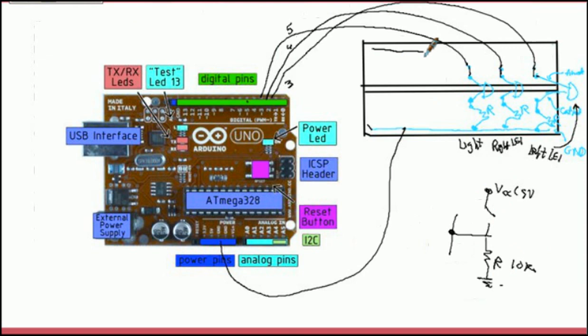So we need the 5 volt line on the Arduino or on the breadboard. We need to connect it to VCC on the switch.